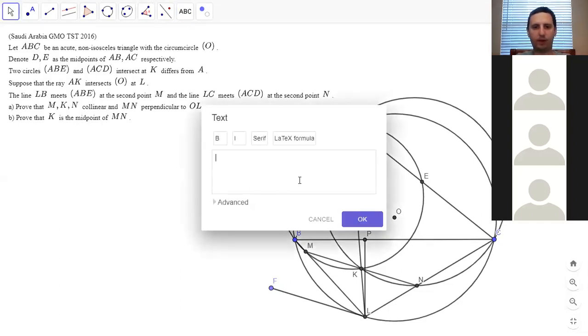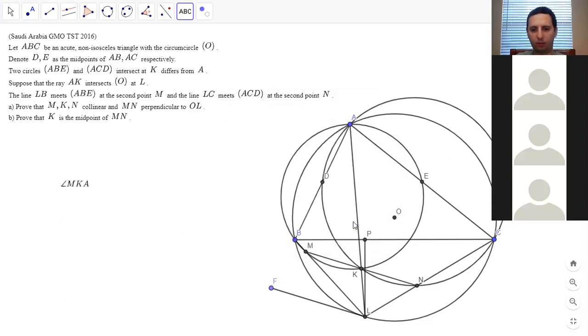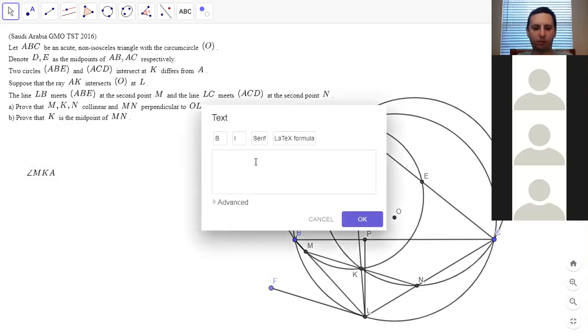So we have angle MKA. First of all, I'll say that line AL is the symmedian of triangle ABC, and that's well known, and it's also in previous videos.